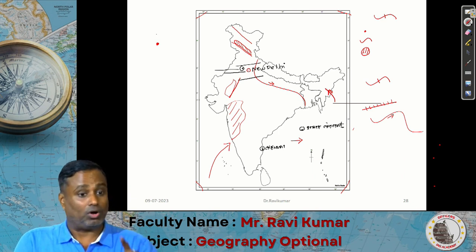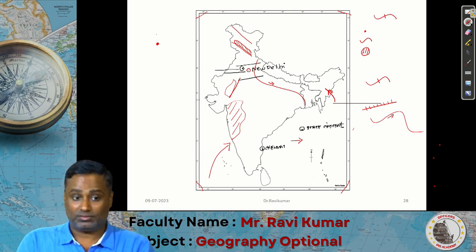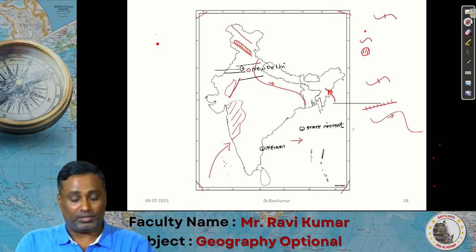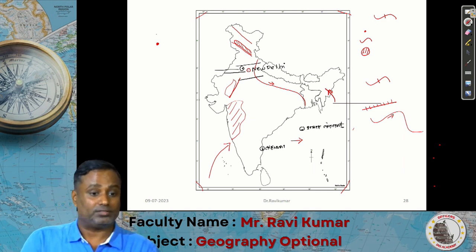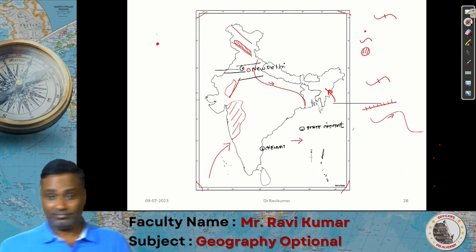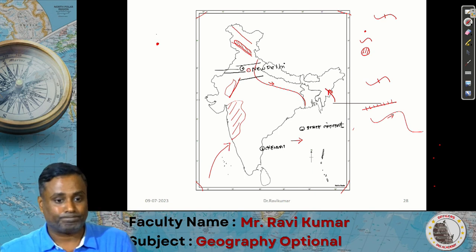Have you seen an atlas? All countries' capitals are written in capital letters in the world map. All state capitals are written in capital letters in the India map. That's why they are called capital letters, because they are used only for capitals. Just keep it in mind.